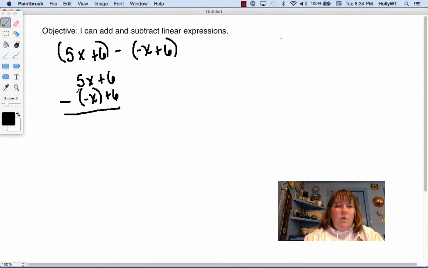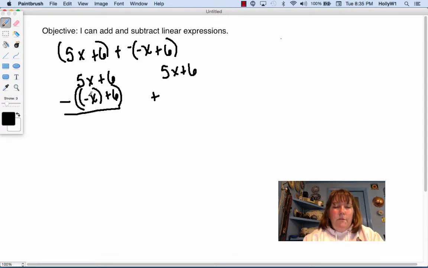This negative goes with this entire operation. Remember how we've been doing the distributive property with the negative? It applies to each of the terms inside of those parentheses. So think of that as plus and negative like that if you want. That negative gets distributed. So we have 5x plus 6, and we're going to add its opposite.